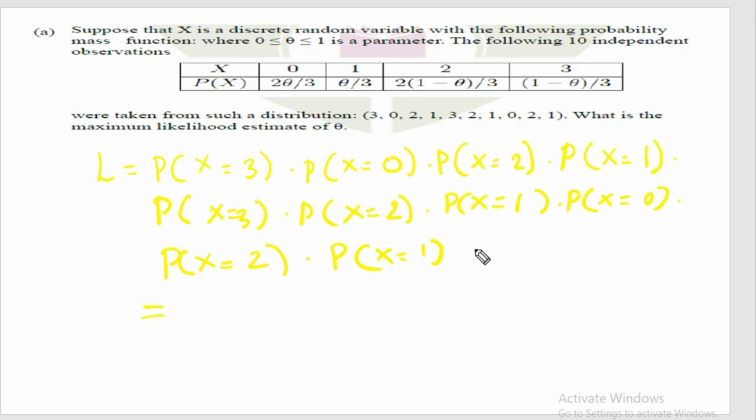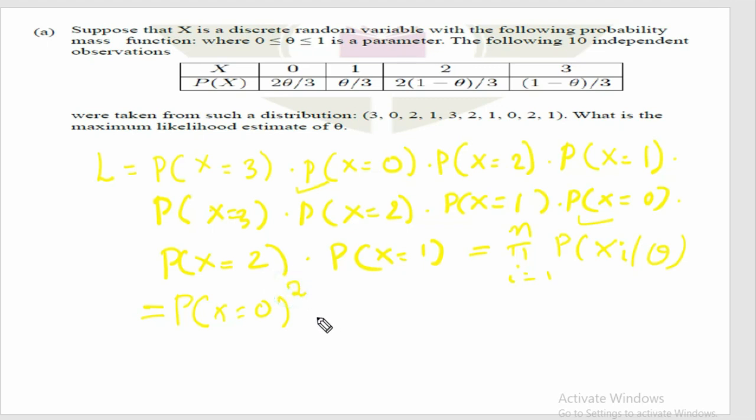So, it is similar to the product over i equal to 1 to n of P of xi given theta, right? So this can be written like this: P of x is equal to 0. How many times has it occurred? 1, 2, 2 times.